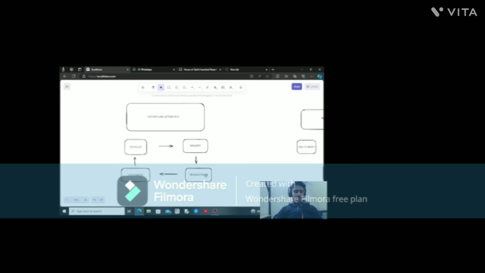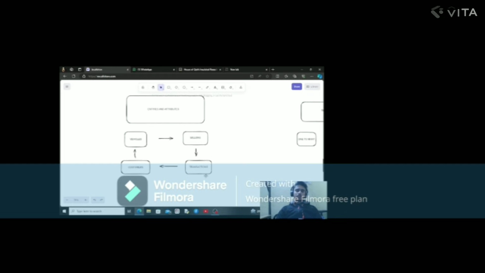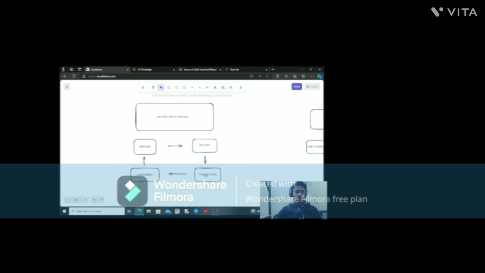First, let us know what entities and attributes are.